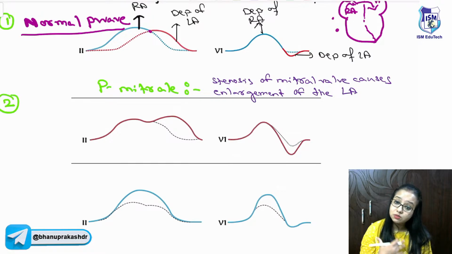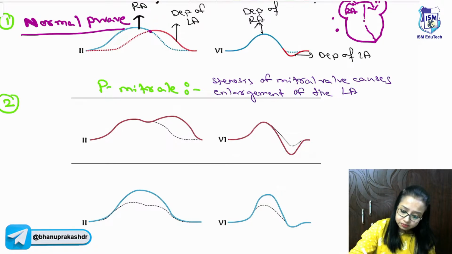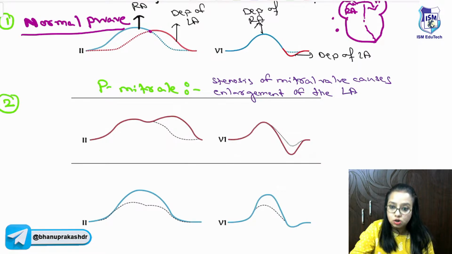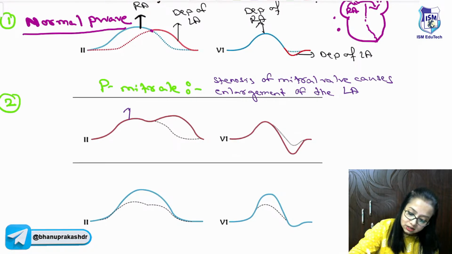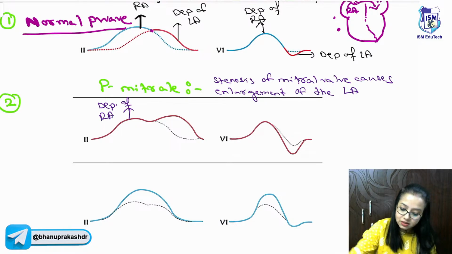When it causes enlargement of the left atrium, the mass of the atrium on the left side becomes greater. So here you see the same bifurcated P wave becomes distorted. The hump is more on the left atrium, designated on the picture on our right side. Here is the depolarization of the right atrium and here the depolarization of the left atrium.